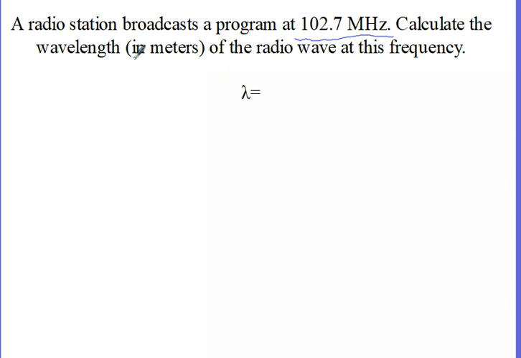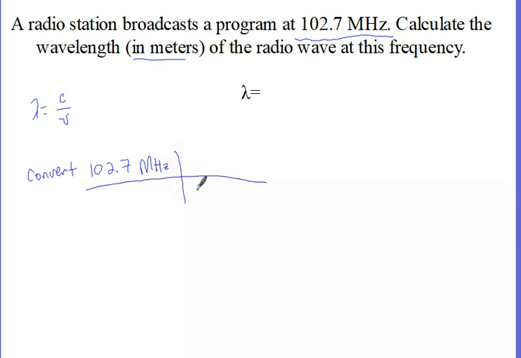If I want to calculate the wavelength in meters, I have to use the same formula that we did before, which was lambda equals the speed of light over the frequency, but the frequency has to be in hertz. It can't be in megahertz. So when I work through this problem, before I start doing the math, my first step is going to be a conversion. I need to convert the 102.7 megahertz to regular hertz.